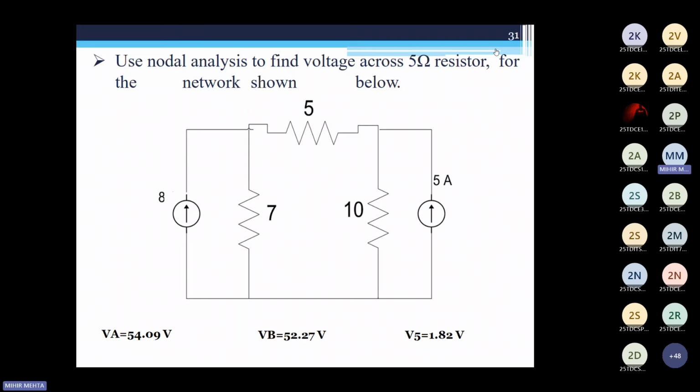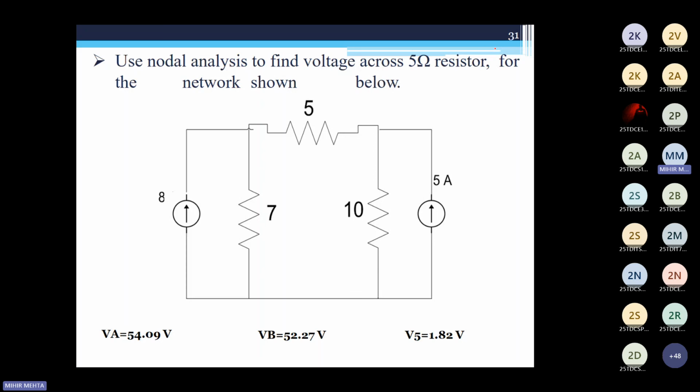Okay, let's talk about the second equation. The current entering into the node B is 5 amperes. It is leaving into two branches, that is 5 ohms and 10 ohms. So the current through the 5 ohms resistance would be VB minus VA upon 5. Why VB minus VA? Because your B node is the primary node.